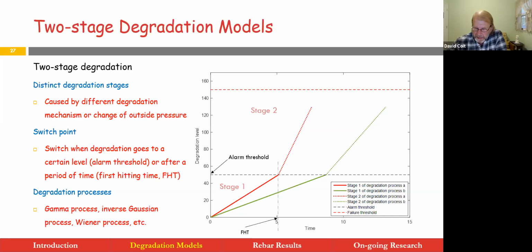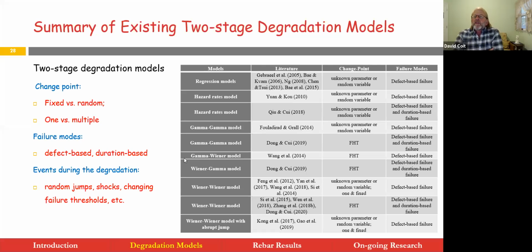Now, within each of the stages, it can have very different behavior. Gamma, inverse Gaussian, Wiener, others. And so also, the students, and this was with some assistance of my friend and colleague Liran Tui, put together this list of work that had been done in two-stage degradation.